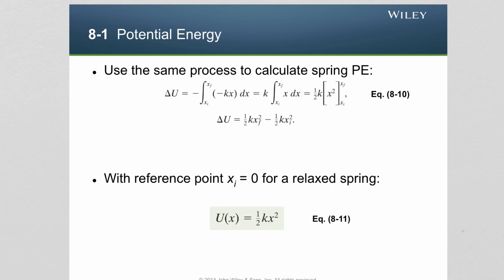A similar calculation can be done for the elastic potential energy. The change in the elastic potential energy is equal to minus the work done by the spring force, which is minus kx dx.